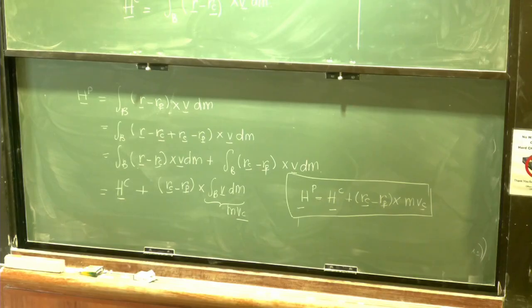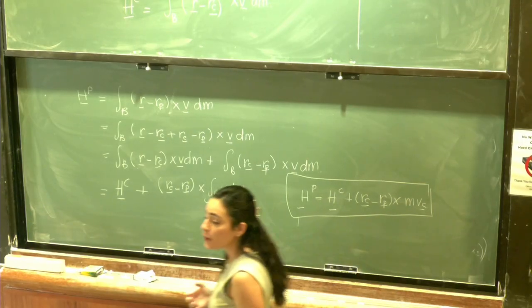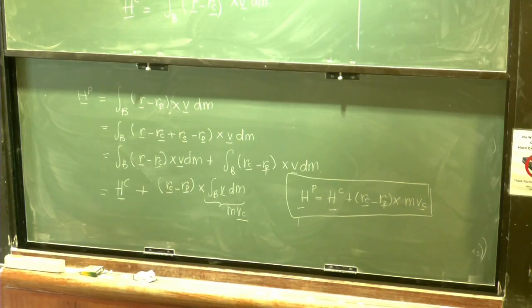Okay, so now the issue is, do I have to evaluate an integral over a randomly shaped rigid body every time I need to calculate its angular momentum? Hopefully not. Hopefully I do not need to calculate an integral over a rigid body every time I need to calculate its angular momentum. So we're going to try to play with the expression of the angular momentum a little bit, so we will see what happens, but hopefully we don't have to integrate every time.